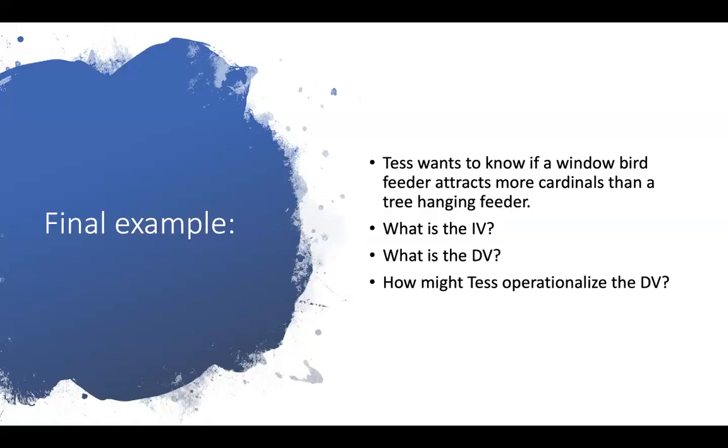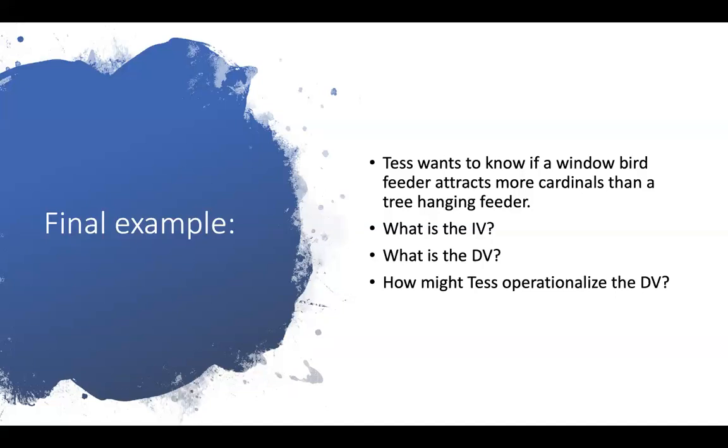So you can see that that might affect the internal validity of your experiment, because now it's not about the feeder, it's about geographical location. It's about your territory. So you may have cardinals that have territory that differs, and that's why they're feeding at those feeders, not because of the type of feeder. So that would be a threat to internal validity.